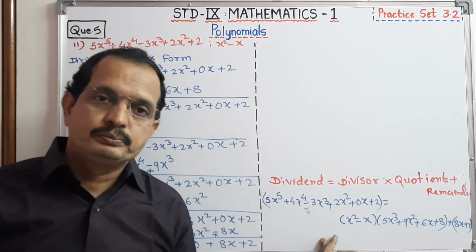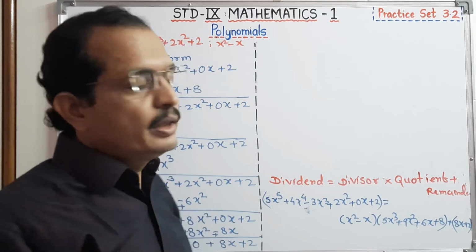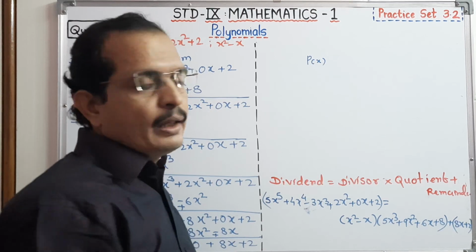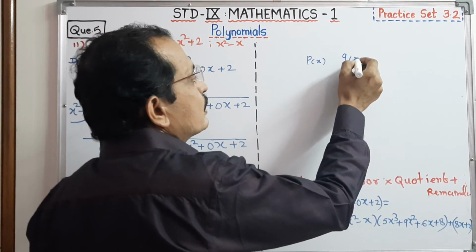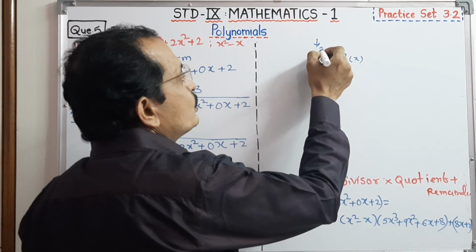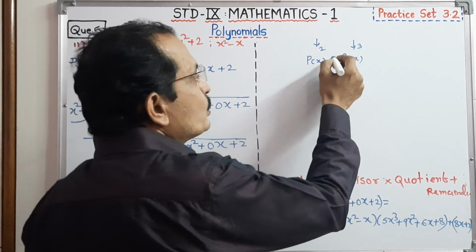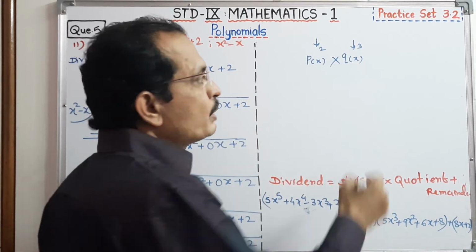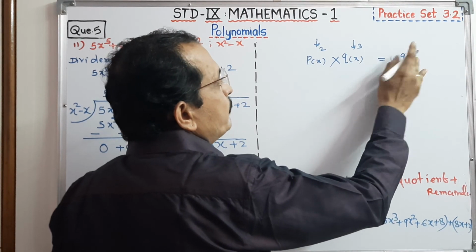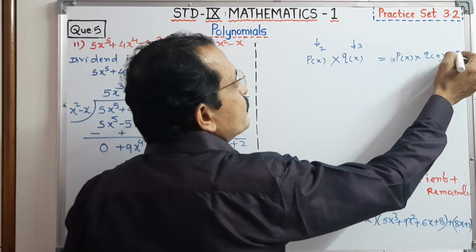Dear student, as we see in a multiplication, suppose px is a polynomial and qx is another polynomial. Here degree is 2 and suppose here degree is 3, and if we do the multiplication, after multiplication the degree of px into qx is equal to 5.